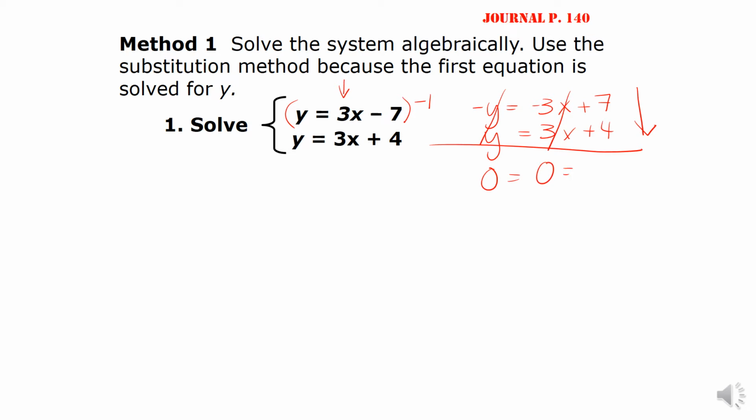Oh no! I get 0 equals 11. That's not true. So there is no solution. Everything got canceled out and all I'm left with is numbers, and the numbers don't equal each other.